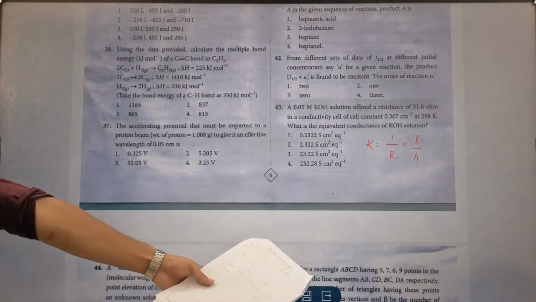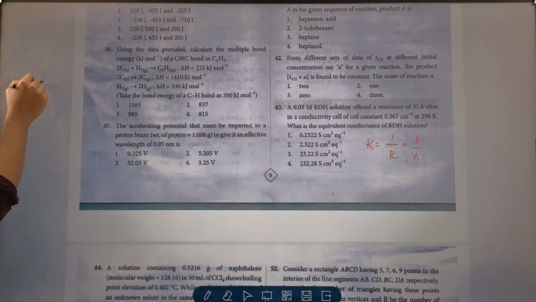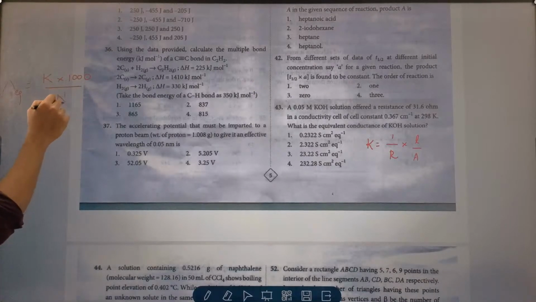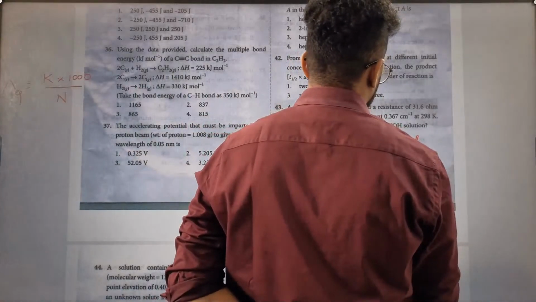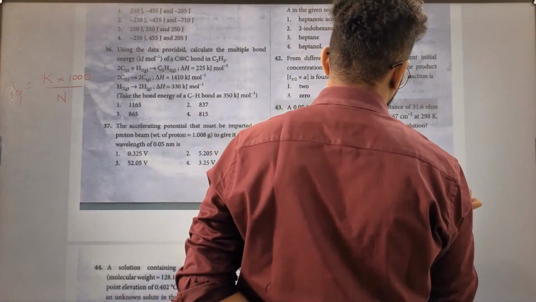Equivalent conductance lambda is given by kappa into 1000 divided by normality or molarity. Usually we take normality. So solving this, 1 by resistance, that is 1 by 31.6, multiplied by cell constant, 0.367.